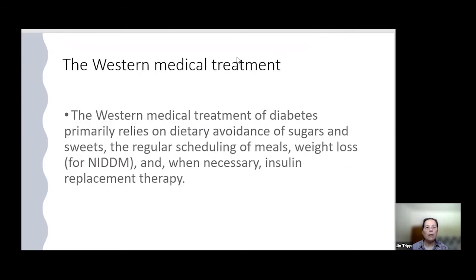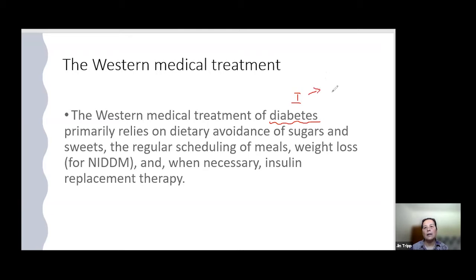And the treatment for different types of diabetes may be different. We're talking about type 1. That usually comes from a genetic disorder.